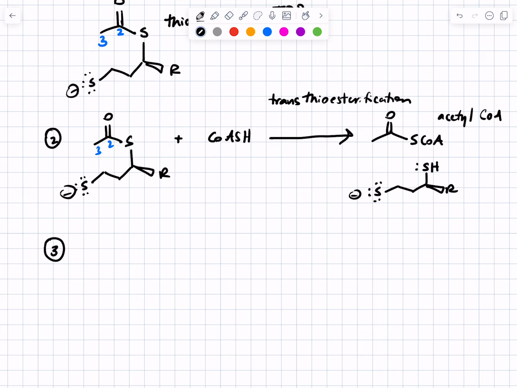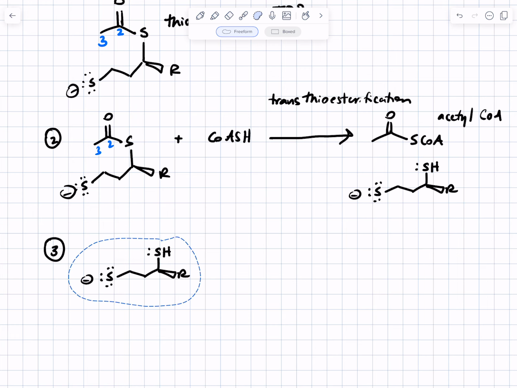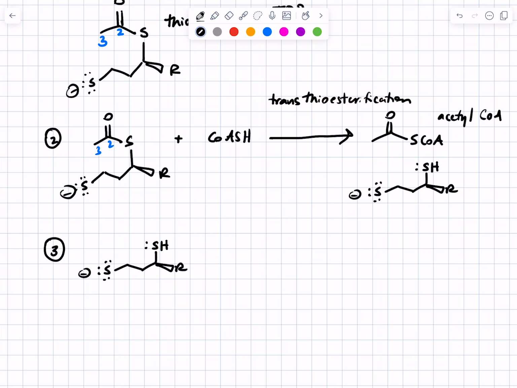Step 3 is one that we won't worry about in a lot of detail. We won't draw this mechanism. It's a bit more complicated than we really need to worry about. But step 3 uses NAD+ to oxidize this dithiol up to the disulfide. Notice that what would have to happen here basically is, this isn't the way the mechanism works, but you can think of it this way.